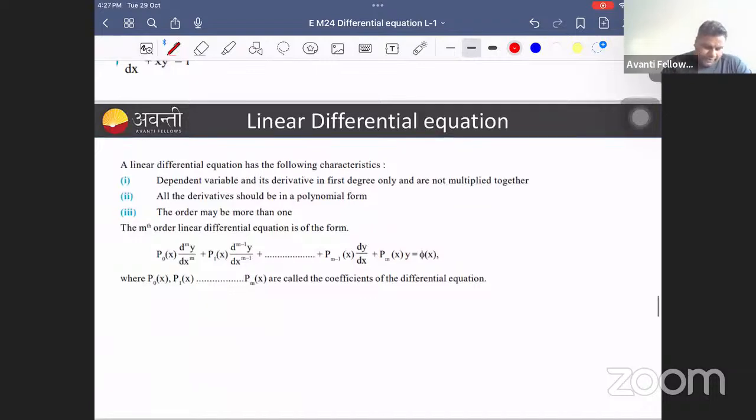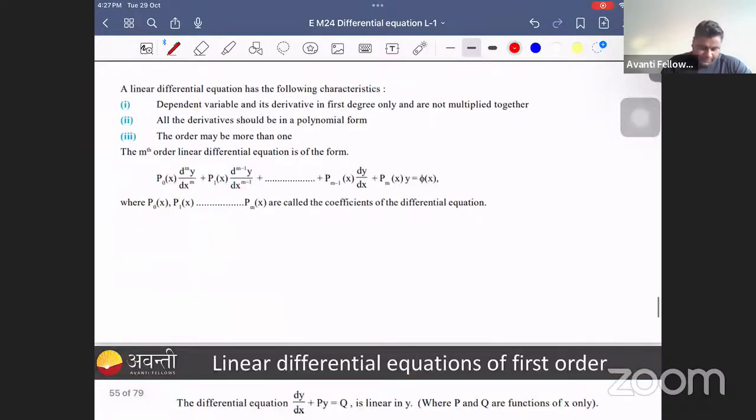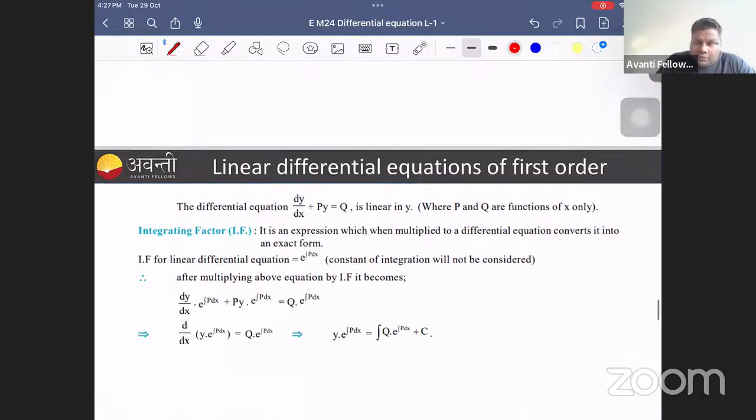So we'll do it later on. But for now we will do linear differential equation. This is the most important form of differential equation. Am I clear? Linear differential equation. Without talking too much, let's go directly to the kind of differential equation it will look like.